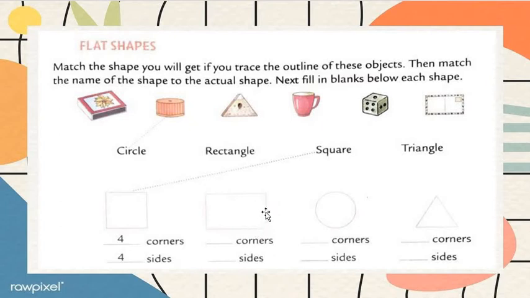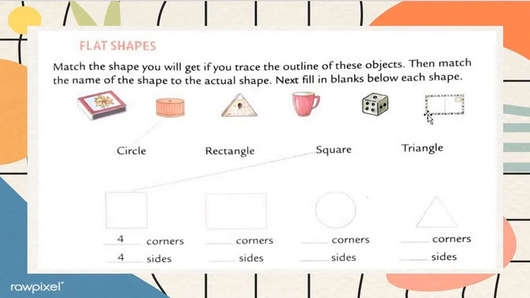Now look at the corners of the rectangular shape: 1, 2, 3 and 4. 4 corners of a rectangle. How many corners does a rectangle have? See this, 1, 2, 3 and 4. Again see, my dear students, the corners of the rectangle: 1, 2, 3 and 4.